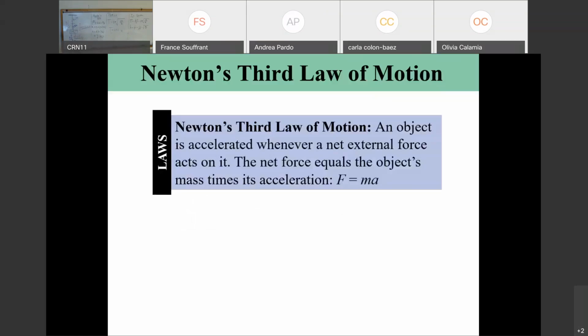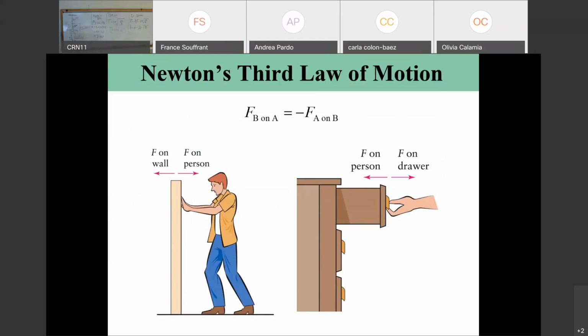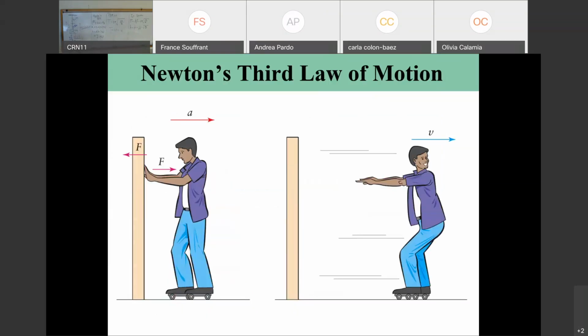Okay, we can leave this one as well. And Newton's third law, guys, to finish today, is all about action-reaction. When you push a wall, when you lift something, just by sitting right now, there is a force acting on you, and we can use that force to do something like the picture is showing you there. You can push a wall, the wall will remain still, but then you will go in an opposite direction.